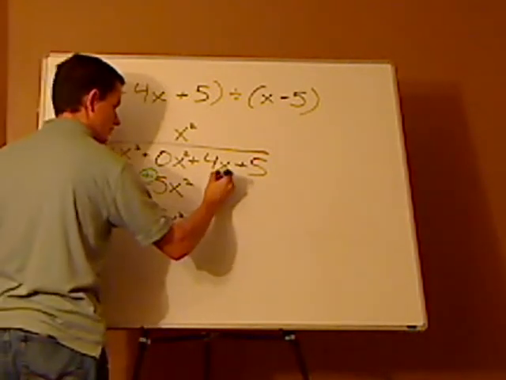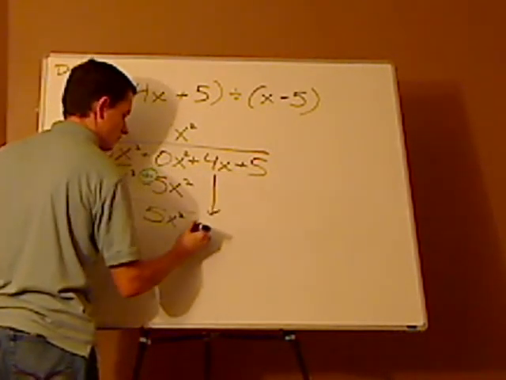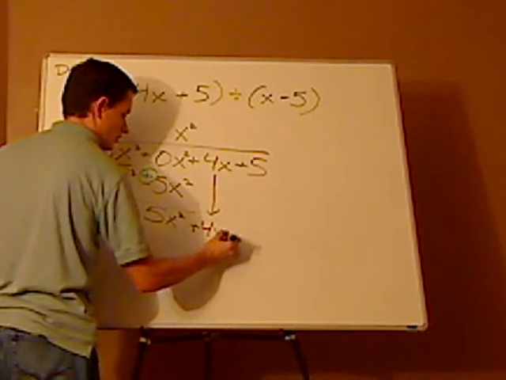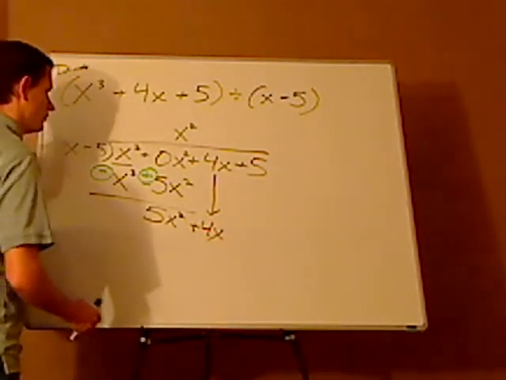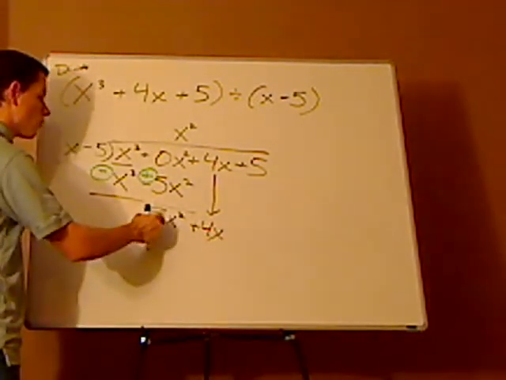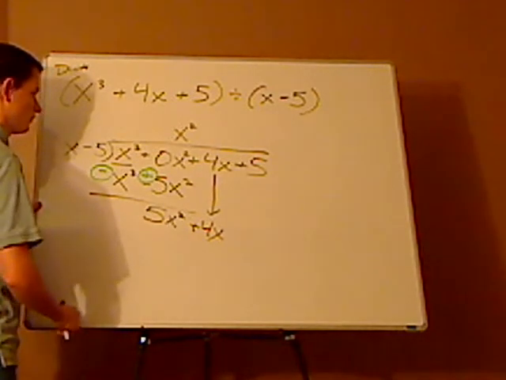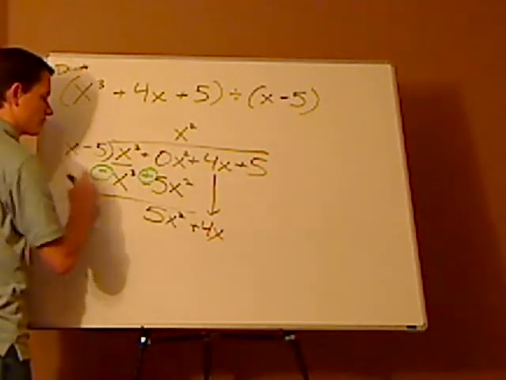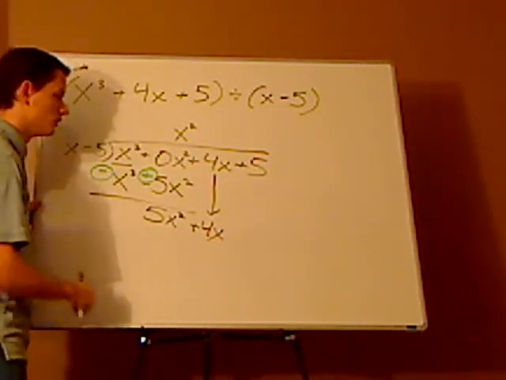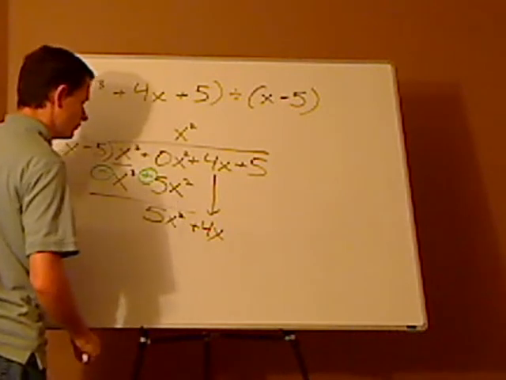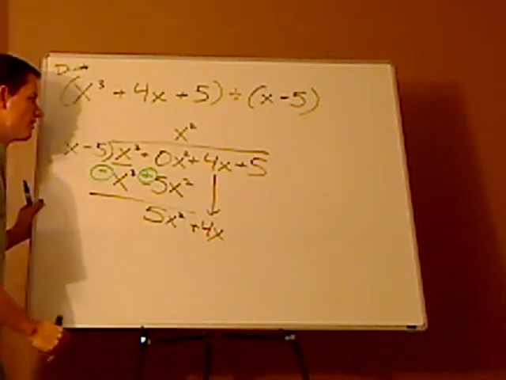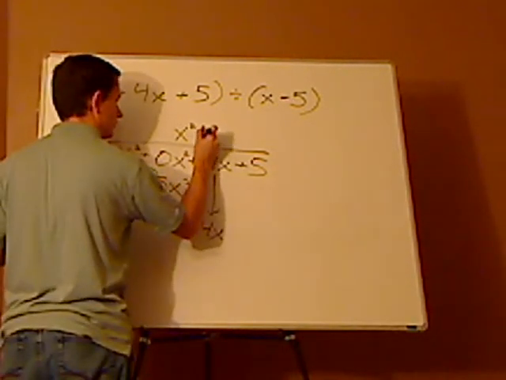Then you bring down the next term. Now, you ask yourself the same question. What times x will equal 5x squared? Positive 5x.